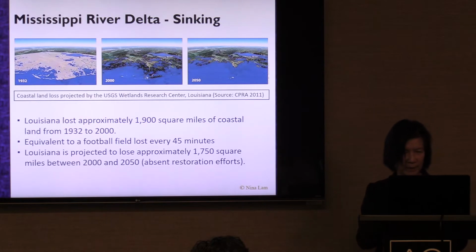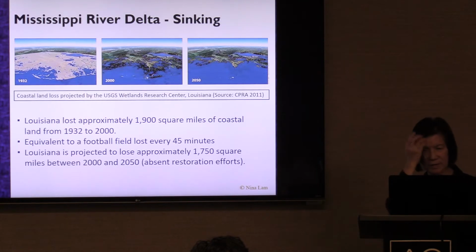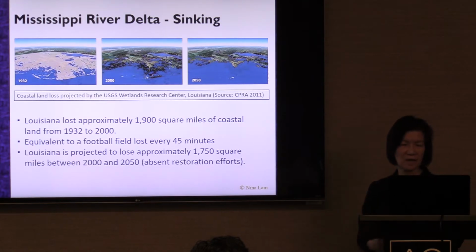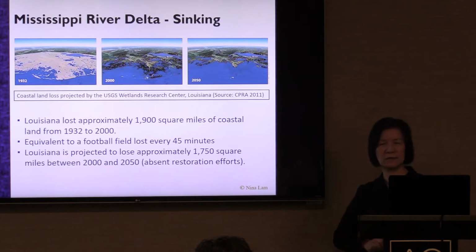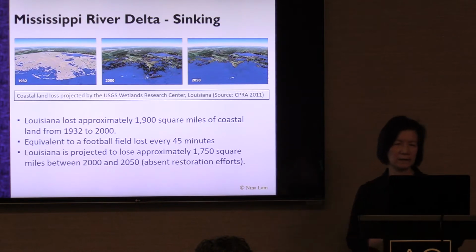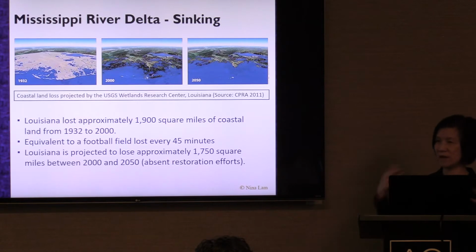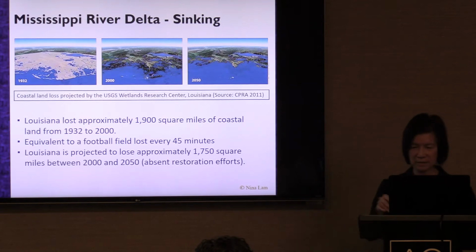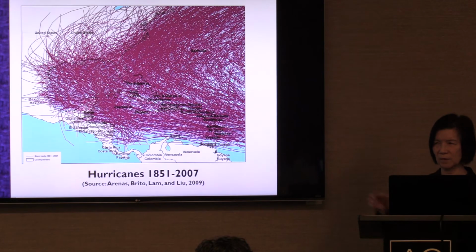So people always talk about that every hour you lose a football stadium of land. And down in Louisiana, football is the one that you make relation to. And of course, this is the land with hurricanes.